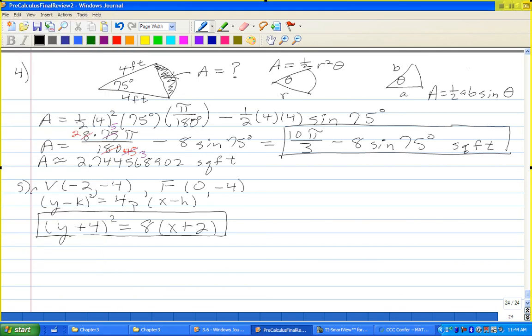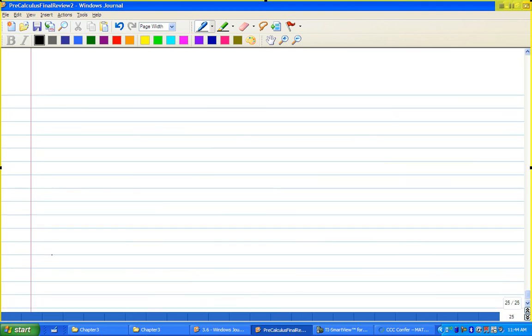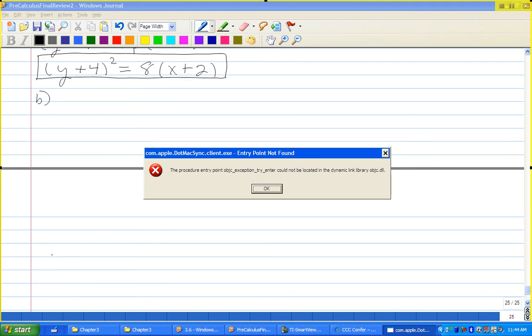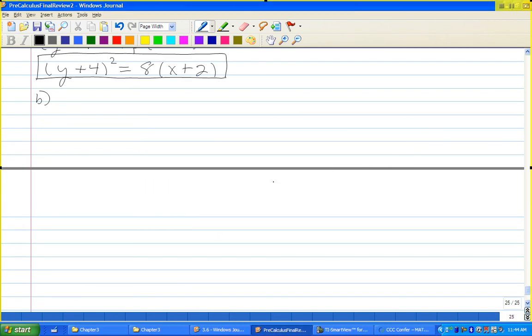Oh, that was A. B. Find the vertex, etc. X minus 1 squared equals 8 times x minus 2. Okay, so find the vertex. Well, the vertex is at 2, 1, because, well, that's what these are. So that's your vertex.